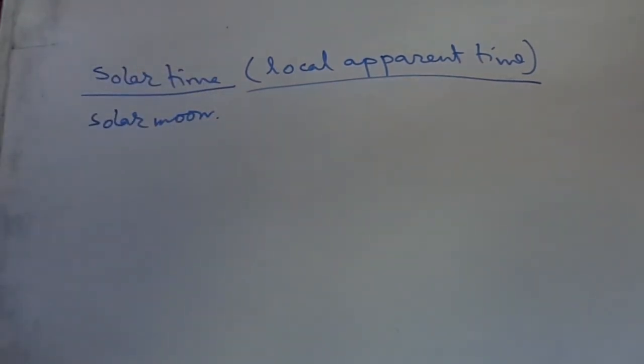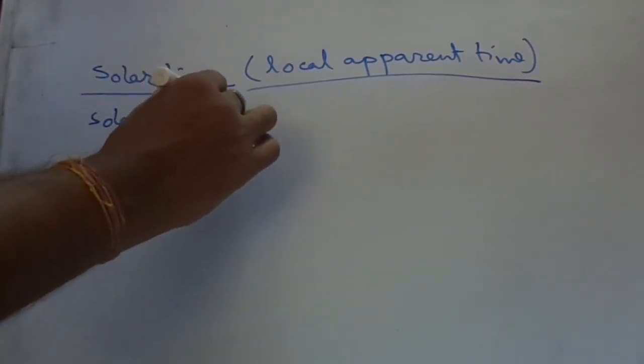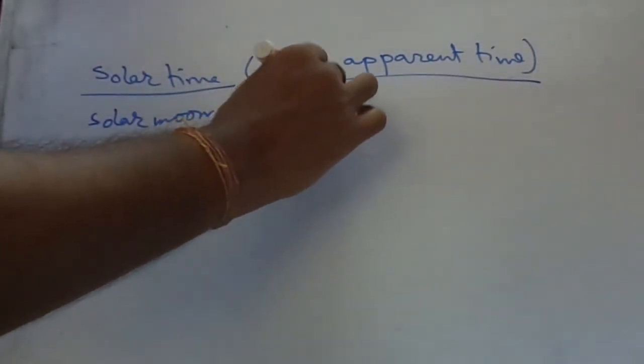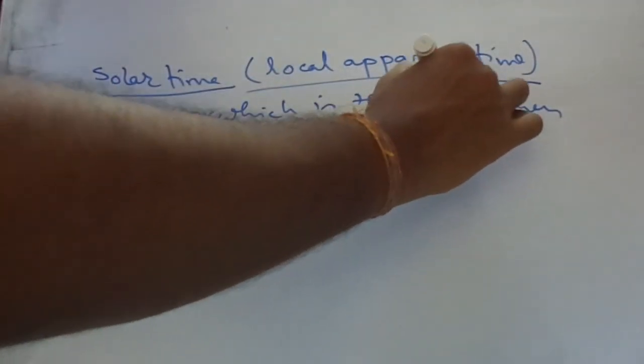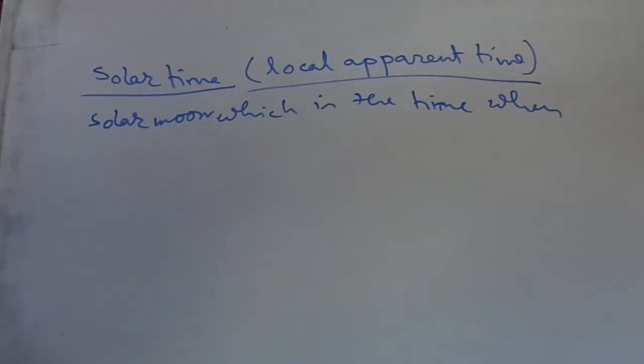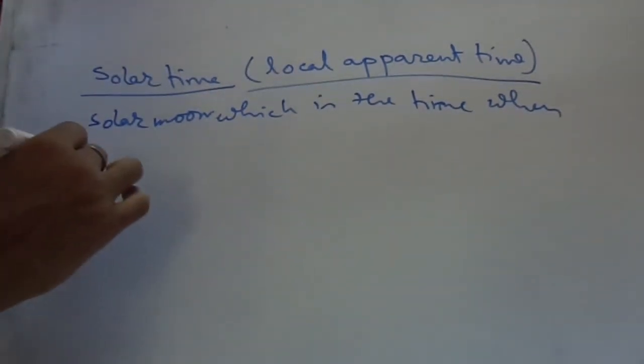Solar time is with reference to solar noon, which is the time when the sun is crossing the observer's meridian.